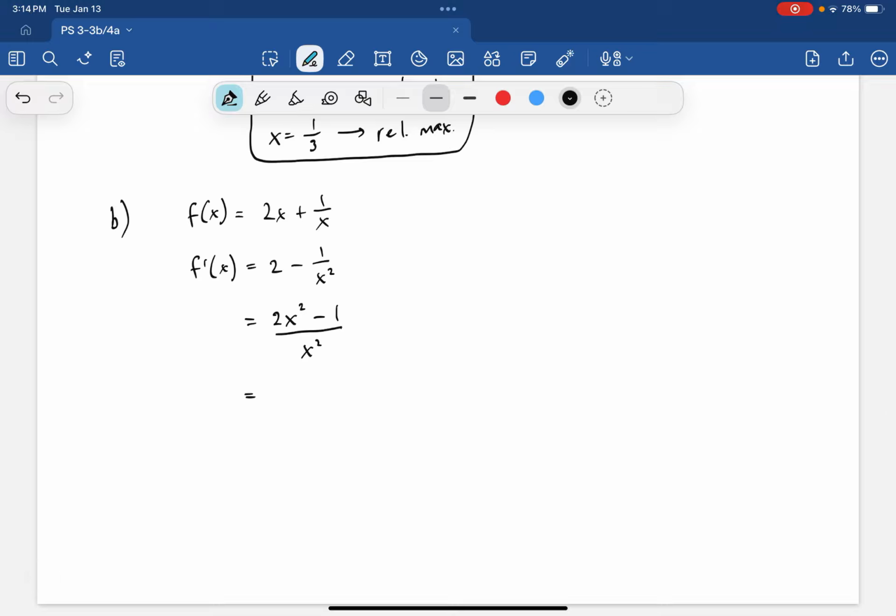You can factor this in different ways. I'll probably factor this as root 2x minus 1 times root 2x plus 1, the difference of squares.